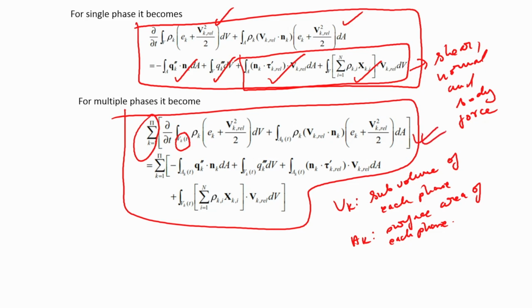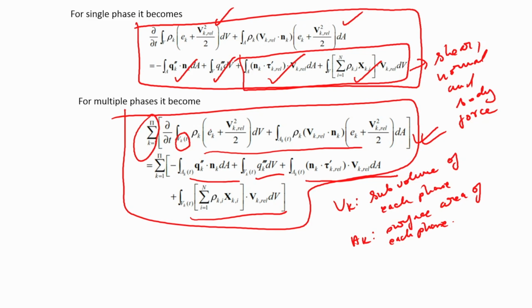So, the energy equation, as you already knew from your undergraduate, consists of the advection term, the conduction term, the heat generation term, the work that is done due to the shear stress and the normal stress, and the work that is done by the body force. So, that is nothing but your energy equation.